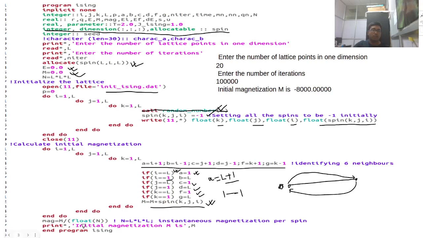Okay, so you are going to print the initial magnetization, capital M is M. So this line will have the output like this. The initial magnetization in this case will come to be minus 8000, and I have taken the number of lattice points in one dimension, this L, to be 20 and the number of iterations to be this number.